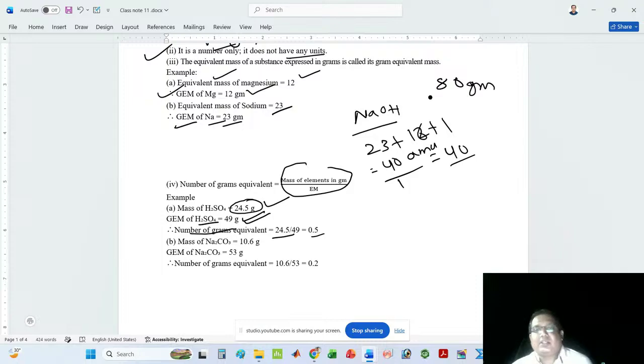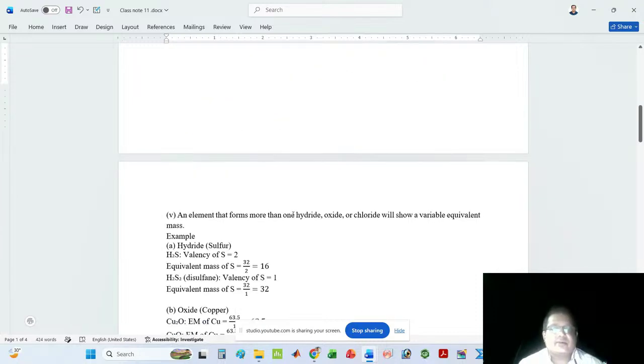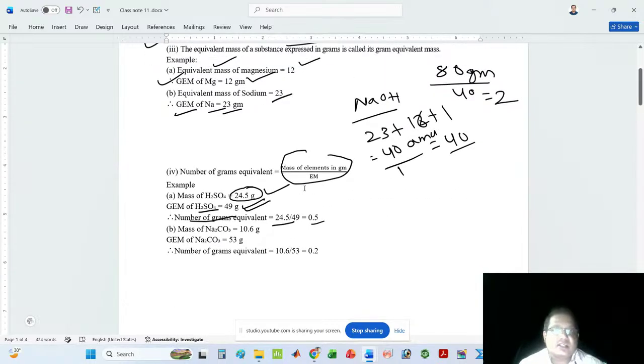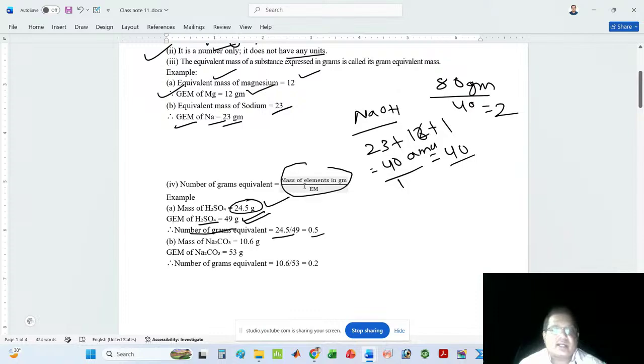After calculation, that is 2. So you can say that 80 gram of sodium hydroxide is equal to 2 gram equivalent. Similarly, take other examples and try to understand what is equivalent mass, what is gram equivalent mass, and how you can determine the number of gram equivalent.